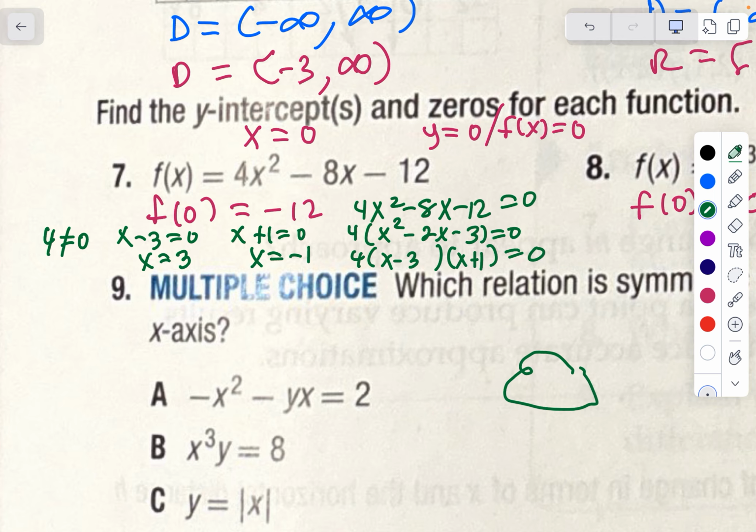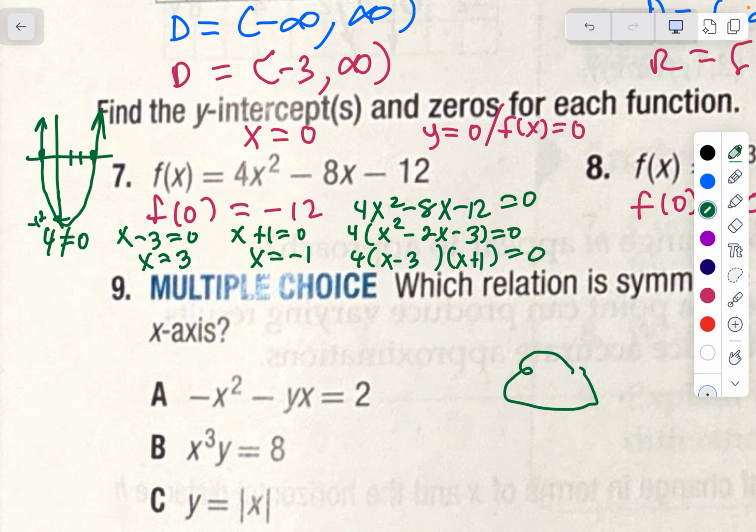If we were to graph that, this graph hits the x-axis in 2 spots, 3 and negative 1. It has x-intercepts of 3 and negative 1, and it hits the y-axis all the way down at negative 12.